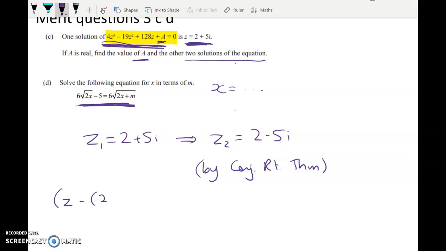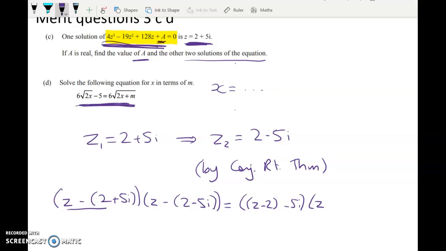We know that 2 plus 5i is a solution, and we know that 2 minus 5i is a solution. The best way to expand this is to group up the real bit with the z, so rewrite it like this: z minus 2 minus 5i. And if you're in 13 MCA, this is exactly what we were doing yesterday.